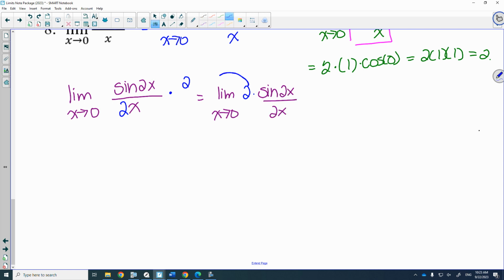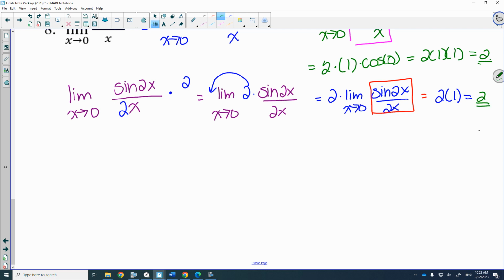The limit of a constant is the constant. Again, if you see this case, we know that that's 1. So I'm going to have 2 times 1, which is 2, which is the same as we got above using an identity.